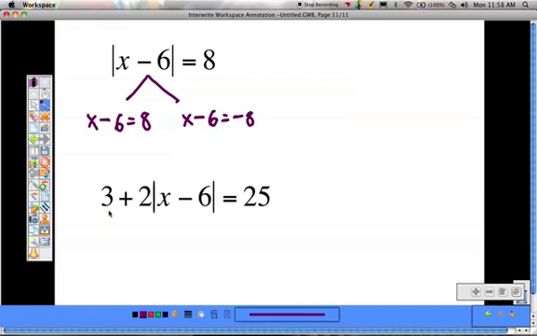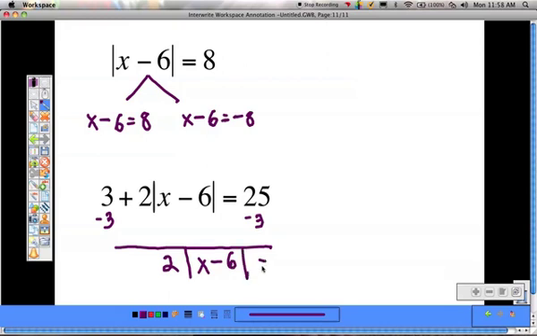Okay, this one right here, get rid of the 3 and the 2 first before you split it up. So for this one, subtract 3 from each side first. So you'd have 2 times the absolute value of x minus 6 equals 22. Then divide by 2.